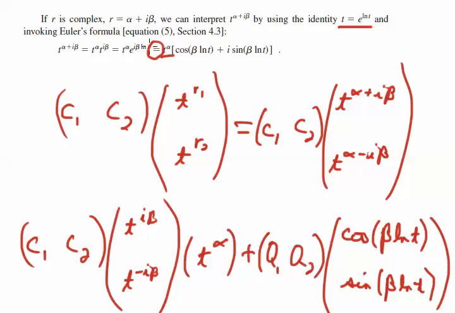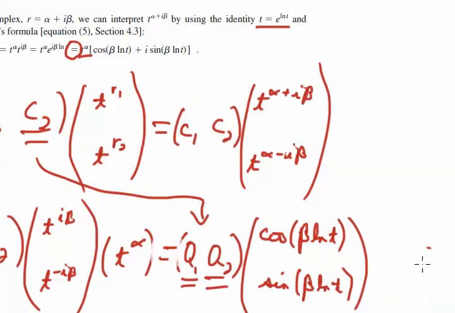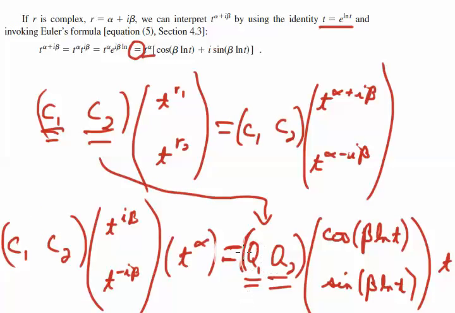To get a true equality, he would need to involve both constants and convert the C1s into the Q1 and Q2. And this is not supposed to be a plus sign but an equal sign, and then you'd have t to the alpha up here. But the main thing is, if these are real, then these are complex. But if these are complex, then these are going to be real.